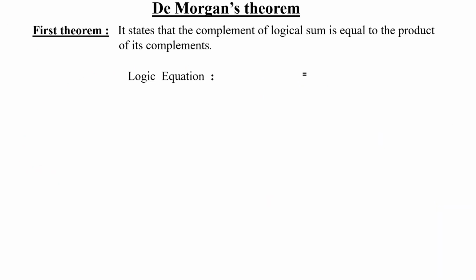Let us see the next topic, De Morgan's theorem. De Morgan's law is about group complementation. There are two theorems, the first theorem and the second theorem. Let us state the first theorem.